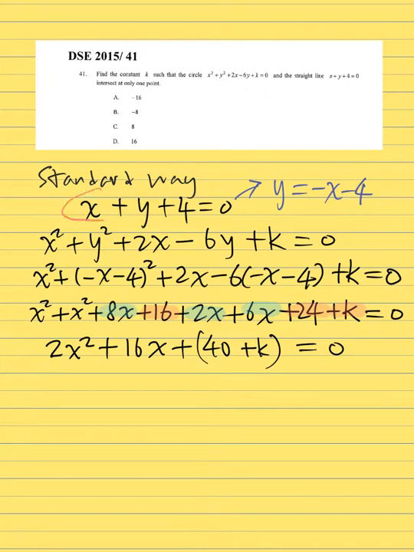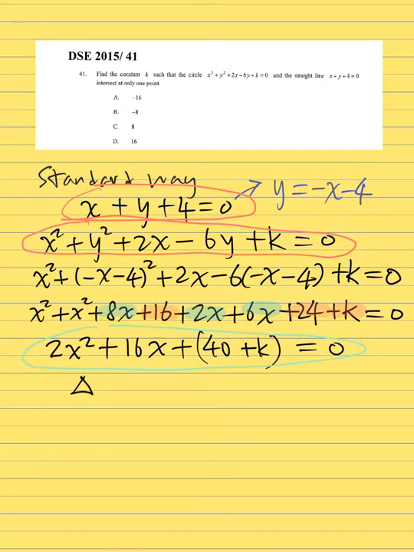If the line x plus y plus 4 equals 0 is tangent to the circle x squared plus y squared plus 2x minus 6y plus k equals 0, then this quadratic equation 2x squared plus 16x plus 40 plus k equals 0 has only one repeated root, which means that the corresponding discriminant equals 0, which means 16 squared minus 4 times 2 times (40 plus k) equals 0.